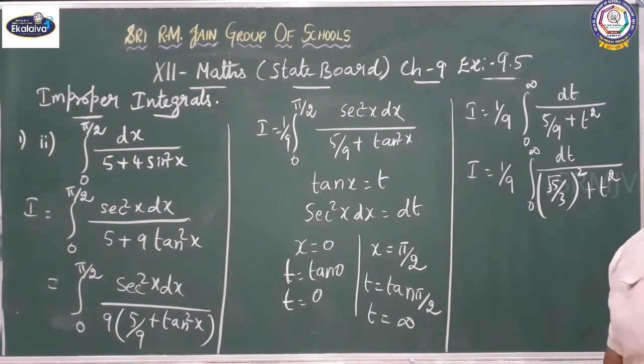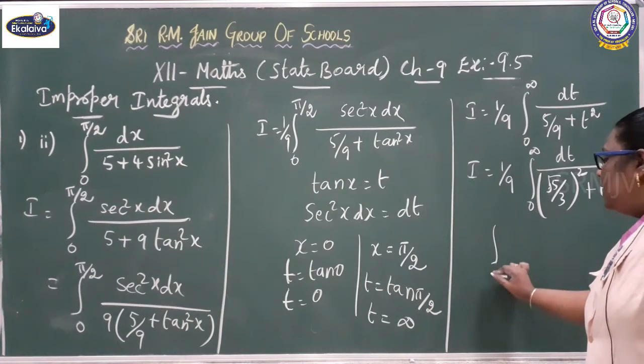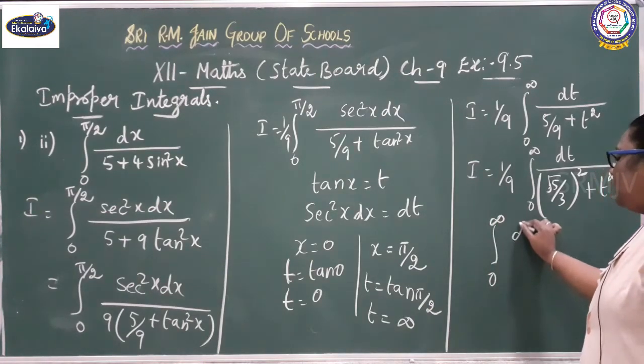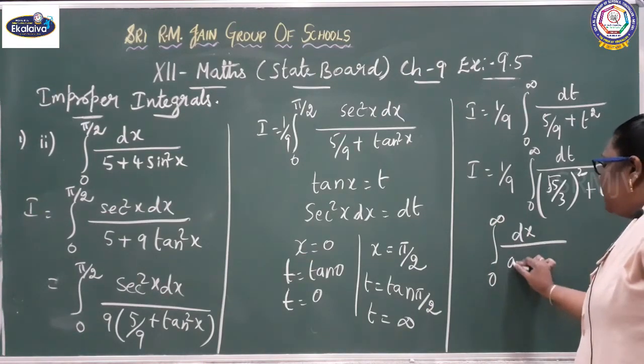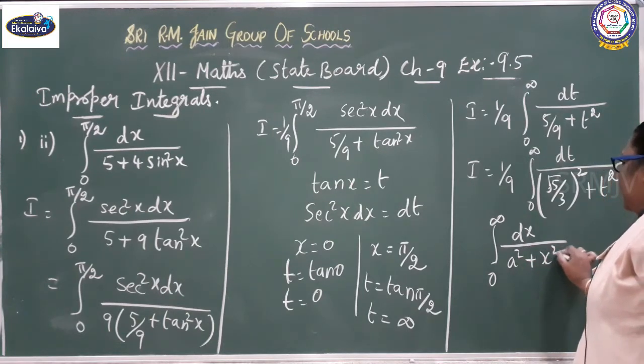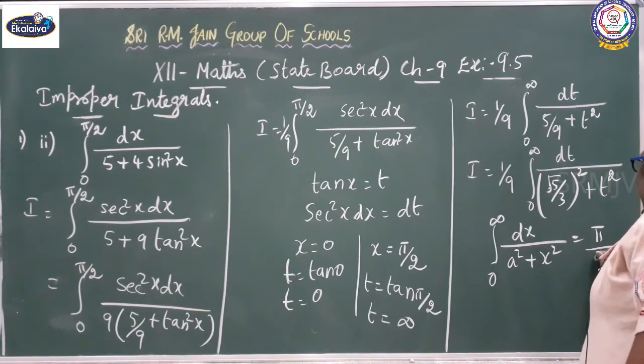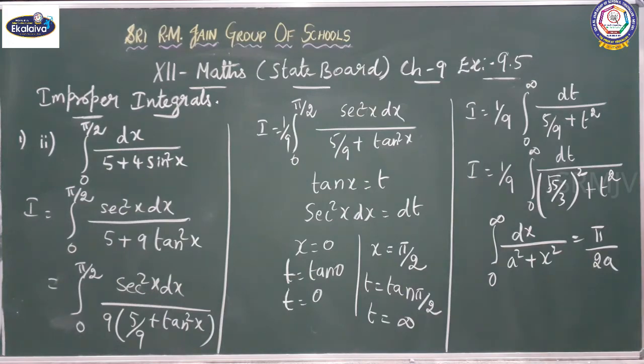So, what is the improper integral formula? Integral 0 to infinity dx by a square plus x square equal to pi by 2a.